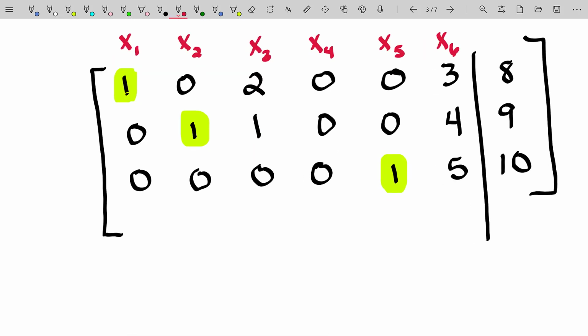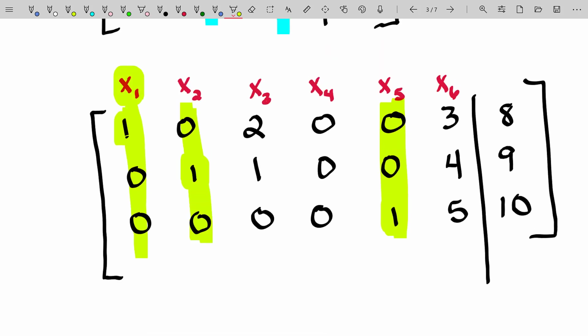Well, I've highlighted our pivots, and therefore our pivot columns are these three columns right here. Therefore, our basic variables are x1, x2, and x5. Notice not every variable in the underlying linear system is considered a basic variable.